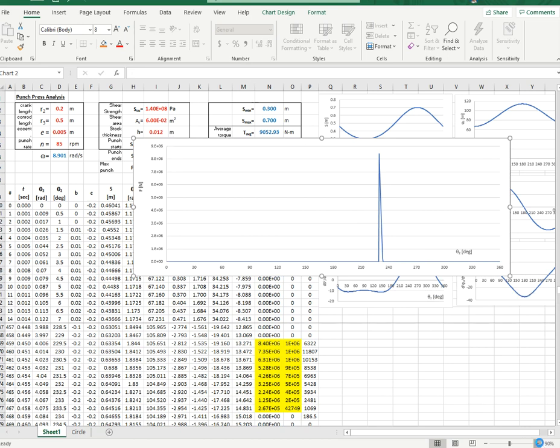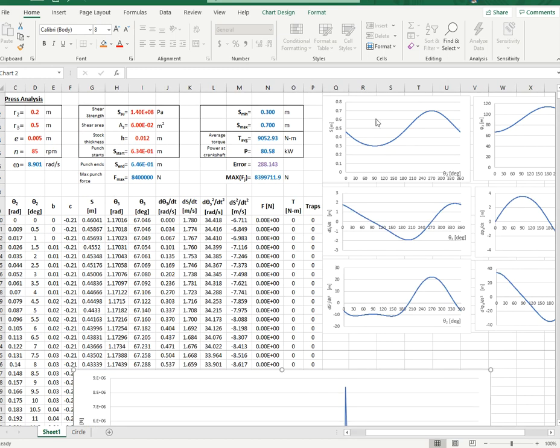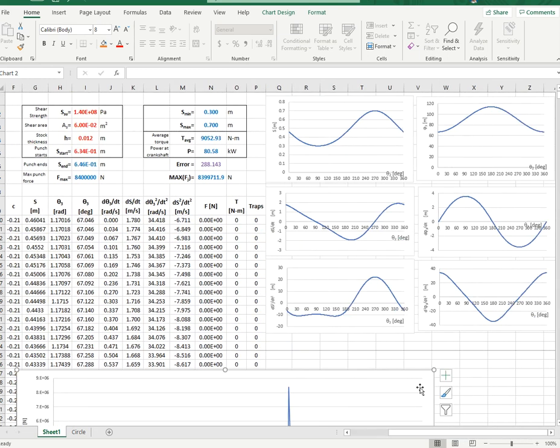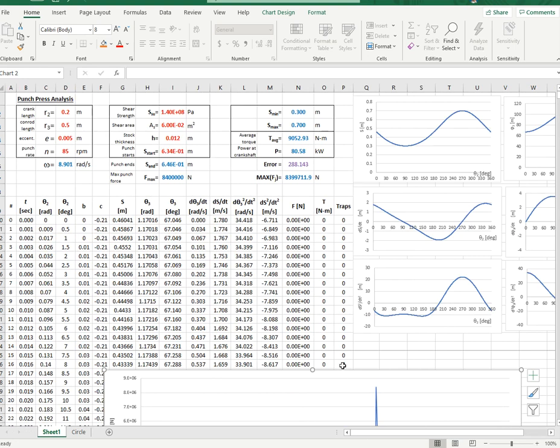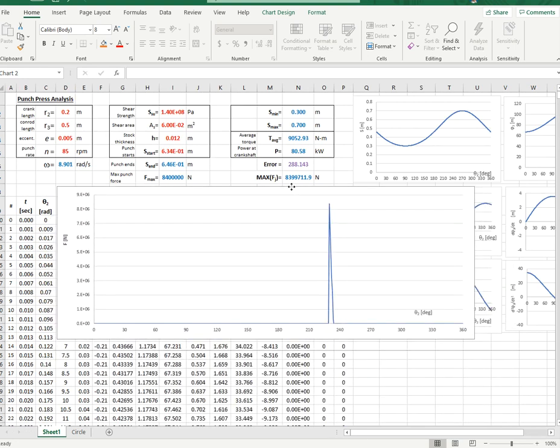You saw the plots for punch displacement, the first and second derivatives giving velocity and acceleration of the punch, and then the transmission angle theta 3. It happens that they coincide for the vertical mechanism.